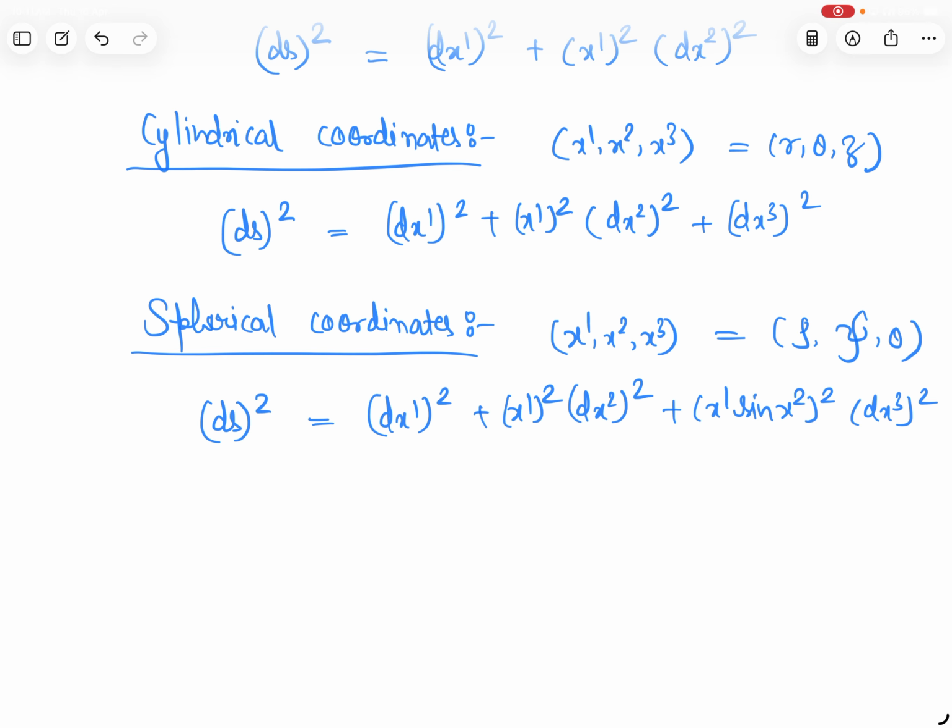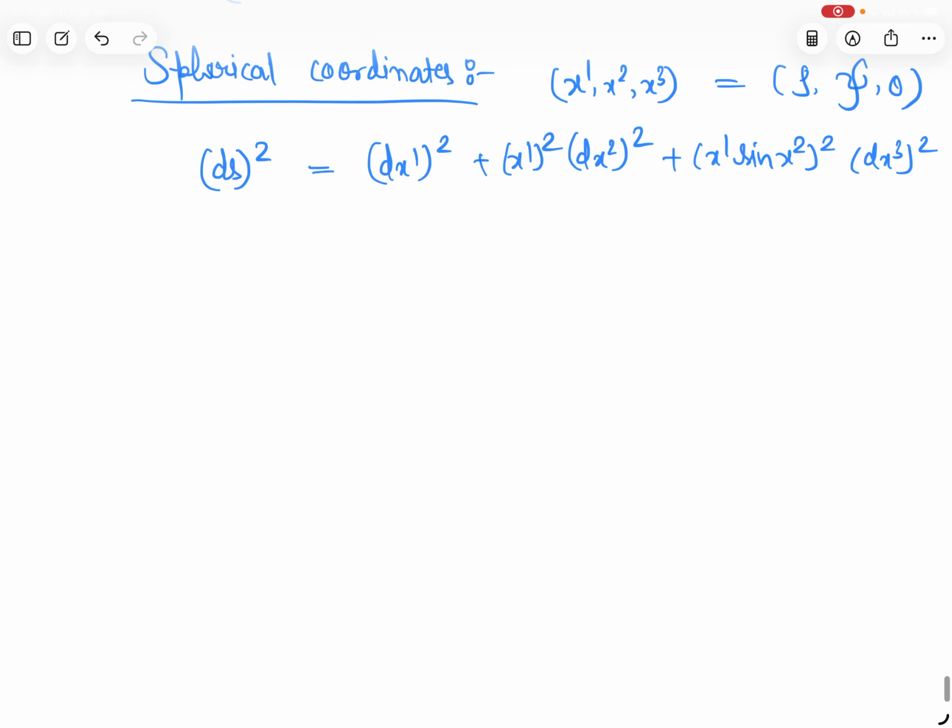Okay. So what is a metric tensor? Now I am giving the definition of a metric tensor.